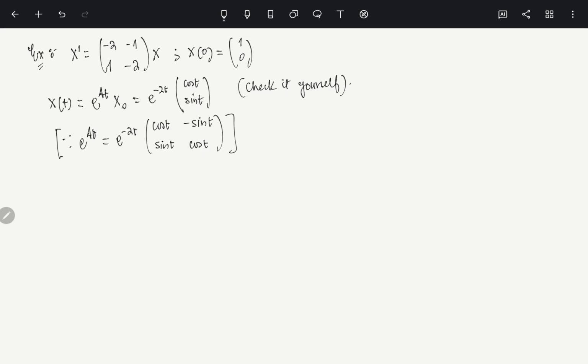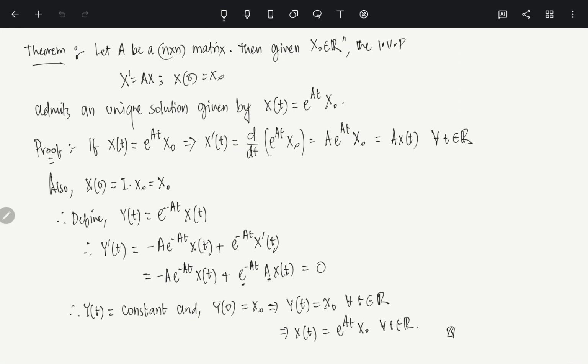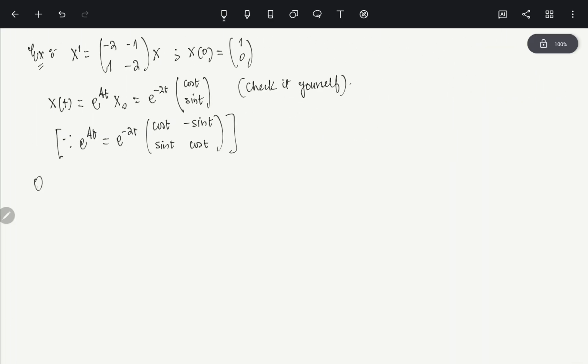Now the question which I want to pose is this. You see, x prime equals Ax, x(0) equals x naught, has a unique solution in terms of the fundamental matrix, right?